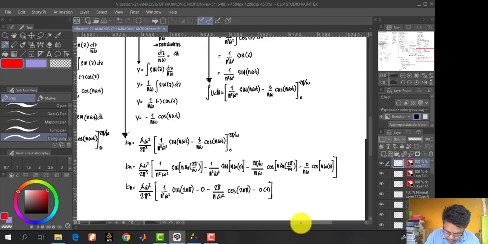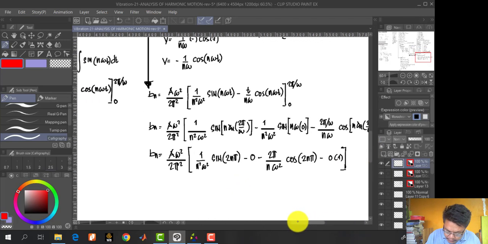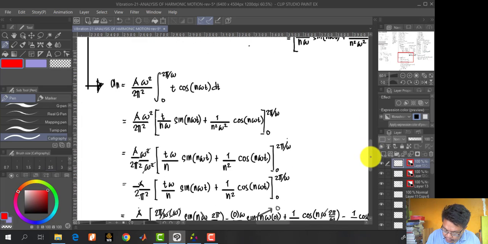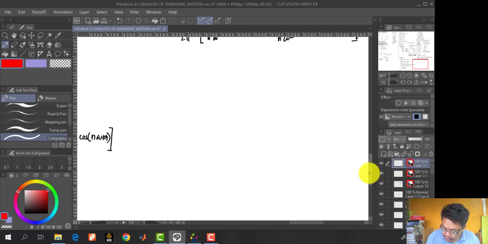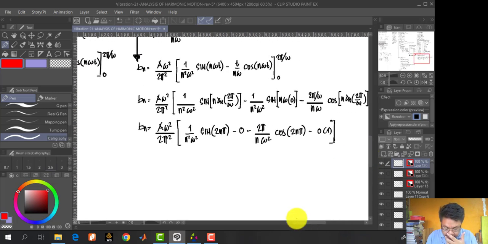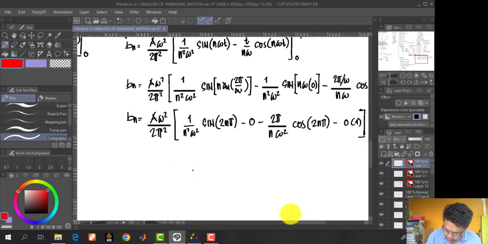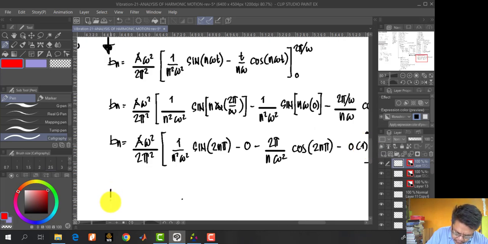Okay. So let's try to rewrite our equation here to simplify. So this is rewriting that one. This is my b sub n. So I have my a angular squared.